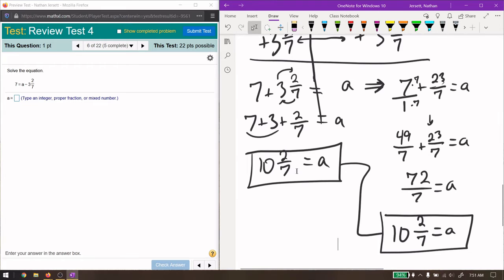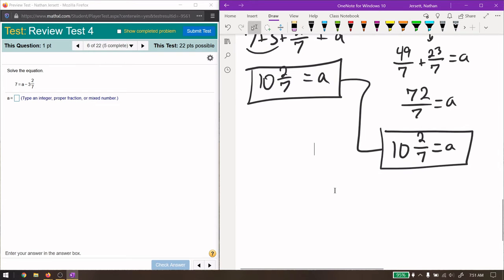This first method is a lot simpler, but it works best when you have addition of mixed numbers. When you have subtraction, in my mind, it's easier to do the improper fraction. But if you're going to do it this way, you always need to make sure that you simplify the fraction. So first off, if I had something like 1 and 2/3 plus 3 and 3/4, you need to make sure you have common denominators.